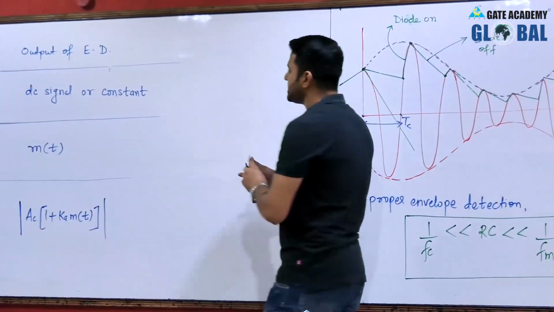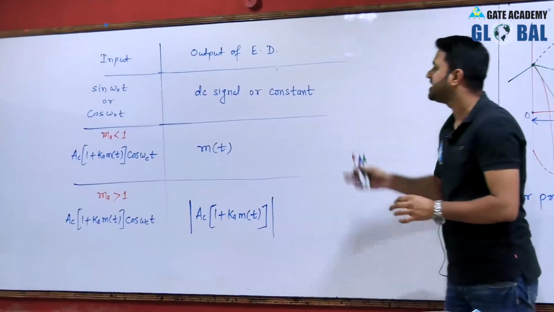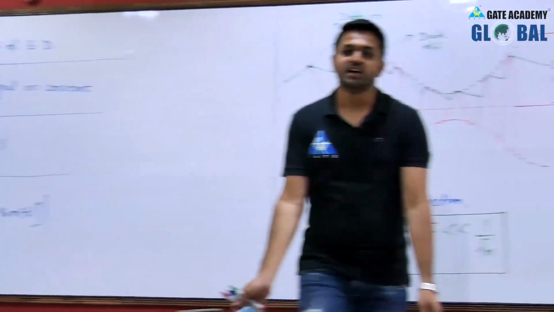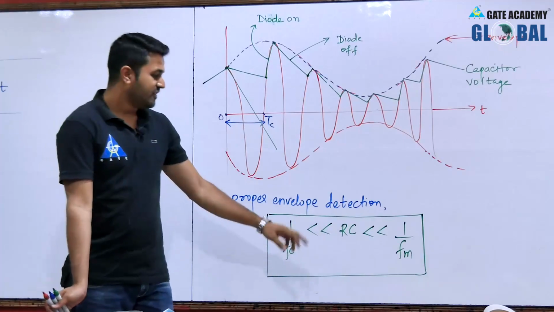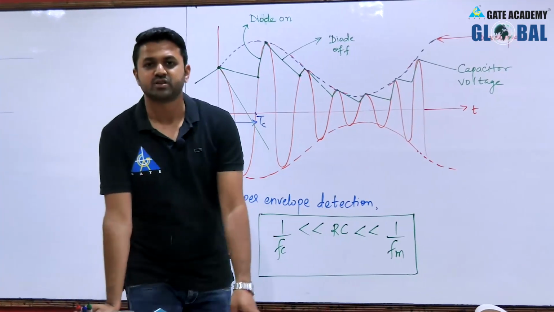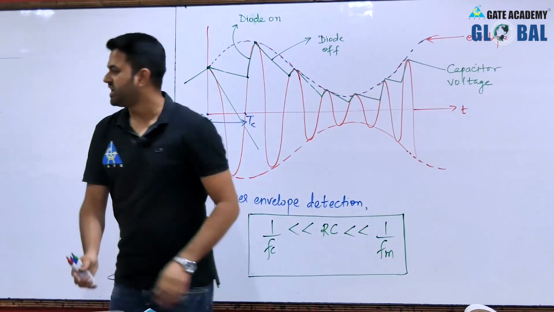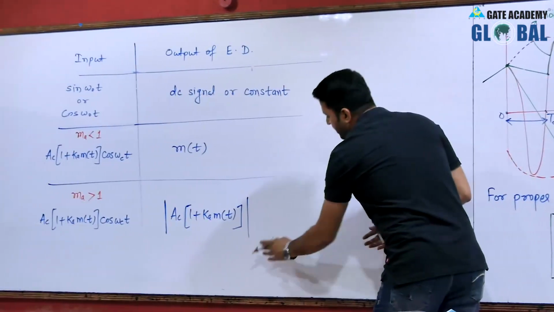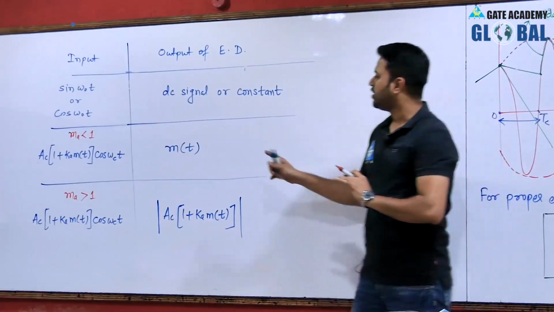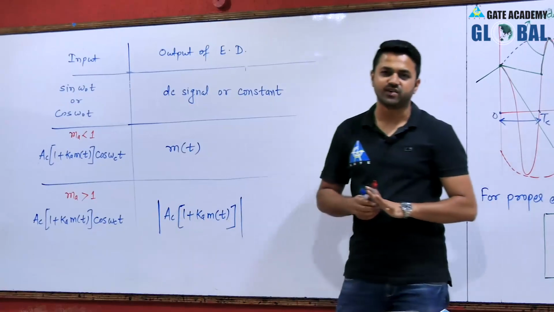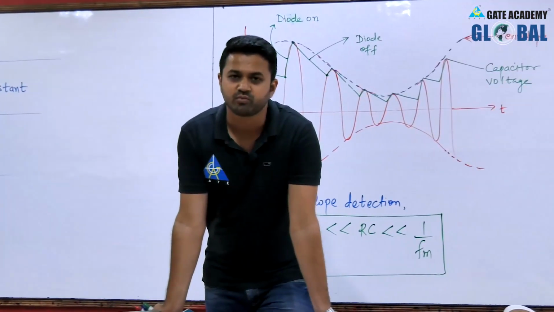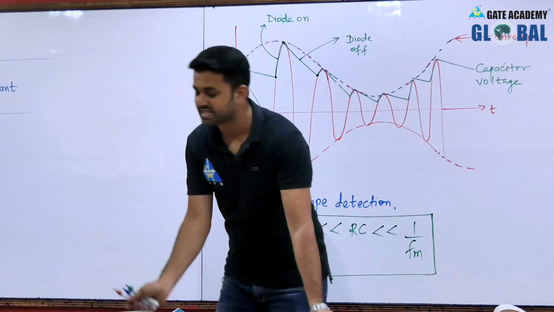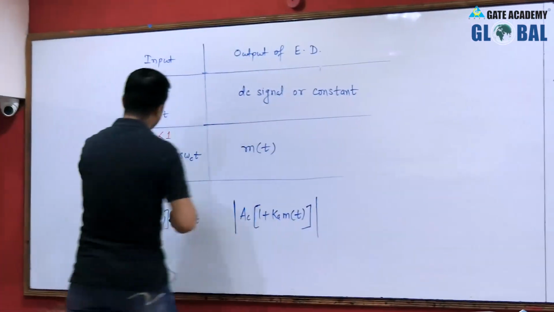In all these conditions we are considering that we are maintaining this particular condition of time constant. We do not get the message as output in the over modulation case; we get it when the modulation index is less than 1. It means this envelope detector will work properly when the modulation index is less than or equal to 1.